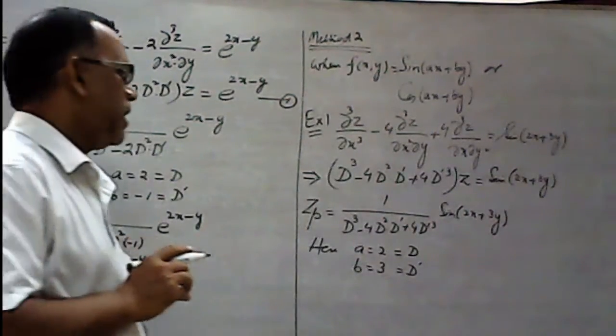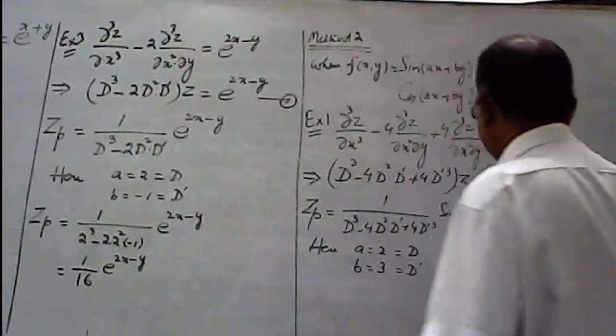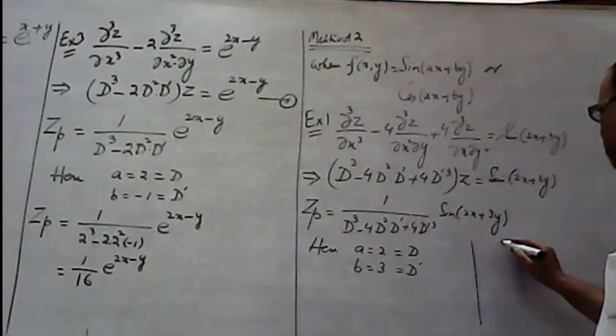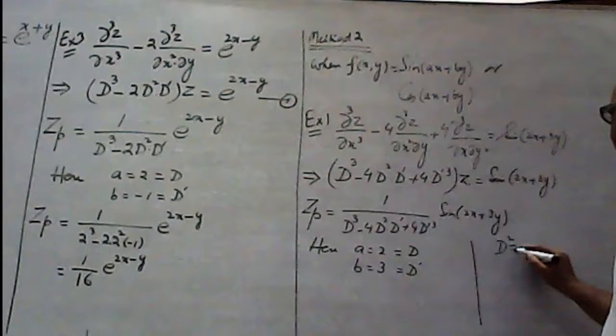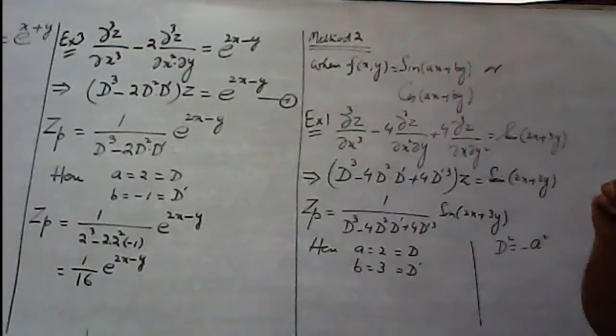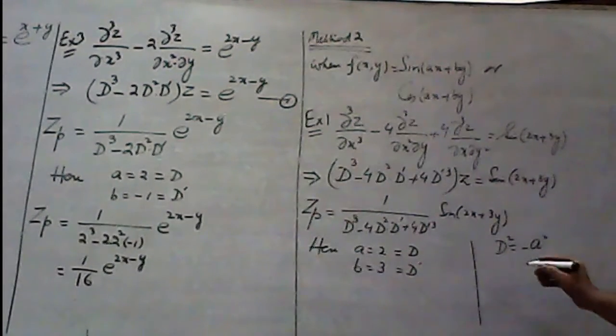Now the most important thing is what value will be replaced in this method. In method 2, D squared will be replaced by minus a squared, as we did in higher order ODE as well.